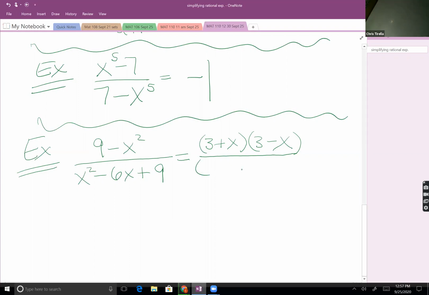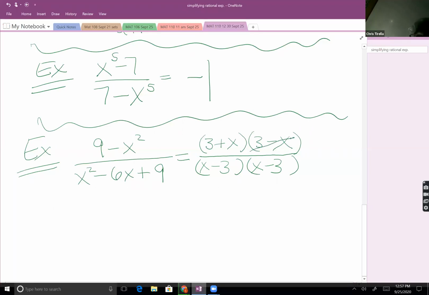Anybody want to factor that denominator for me? X minus 3 and then another x minus 3. Beautiful. And now when I look at it to compare to see if I can reduce, there are no factors exactly the same between the numerator and the denominator.